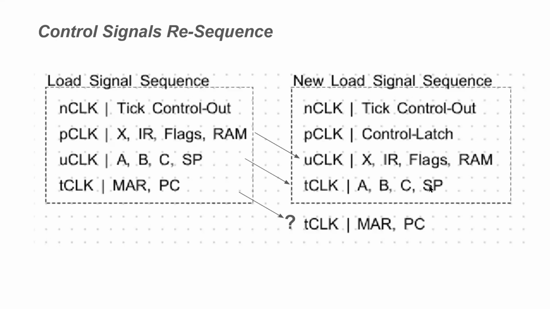if we ever have a microcode step that needs to do this and this in the same tick, we need to split those into two ticks. In other words, we'll have one microcode step do this, and we're going to add an additional microcode step to do these.